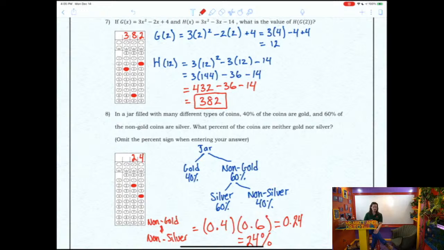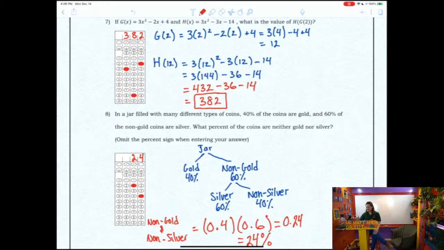And so they expect you to know that you need to convert by moving the decimal place 2 places to the right, adding zeros if necessary, in order to convert that into 24%. And we're going to omit the percent sign, so we're just going to enter the integer answer of 24 for question 8. If you have any questions, then please let me know.